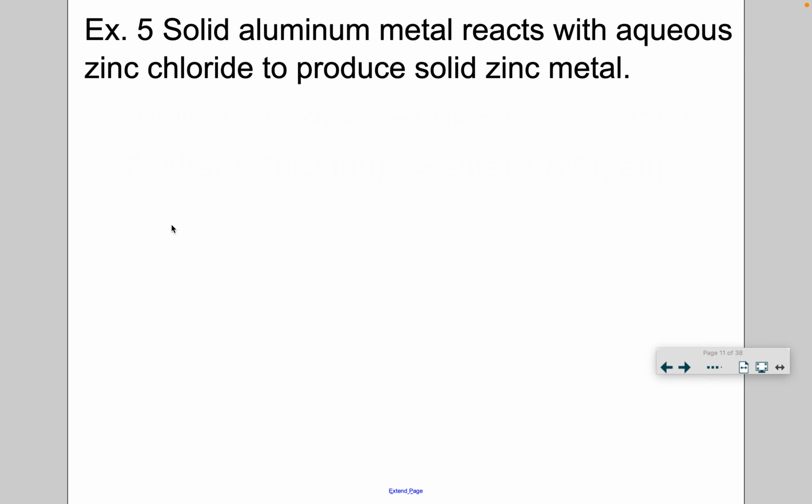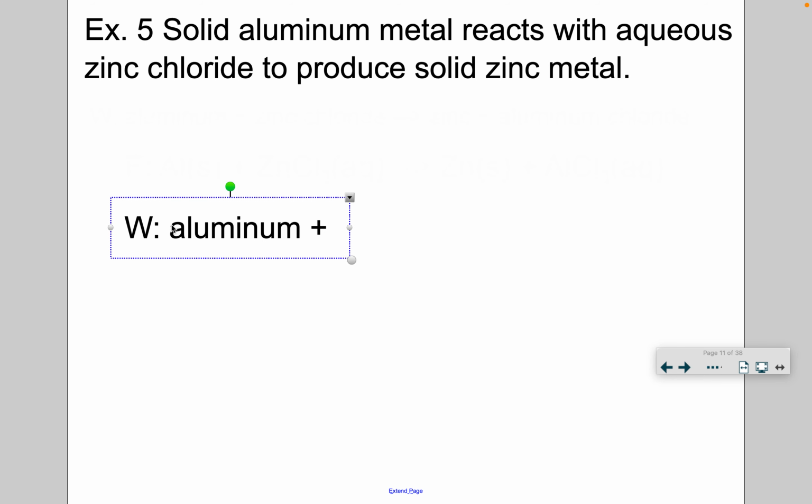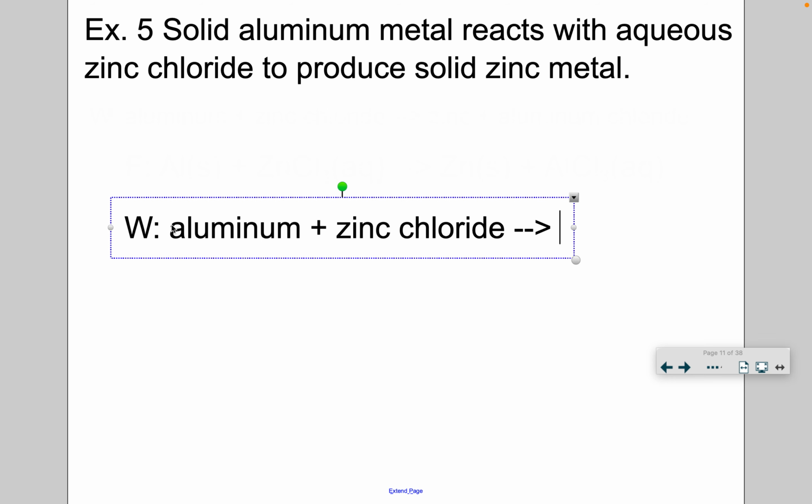So solid aluminum plus zinc chloride produces zinc. Now, already I can tell you need to fill in the gaps here.